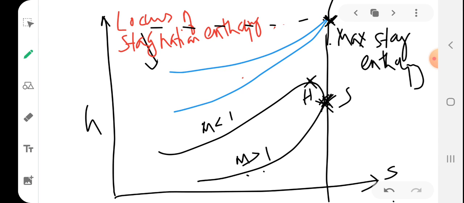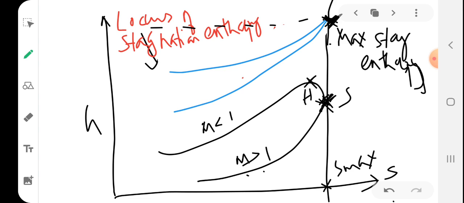Maximum static enthalpy is capital H. Okay, maximum stagnation enthalpy is this one. So this point always coincides with the maximum entropy, maximum static entropy. Okay, maximum entropy value. So there is no difference between static enthalpy and stagnation enthalpy. Both will be same. So these 2 points always coincide, this small x max.